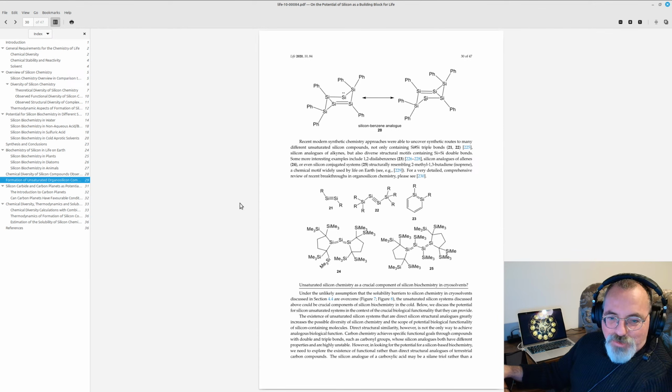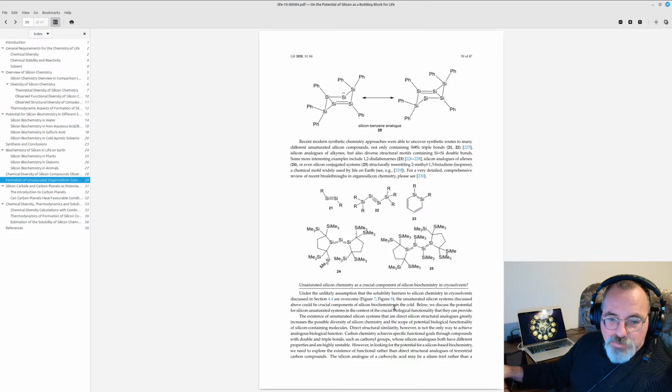Unsaturated silicon chemistry is a crucial component of silicon biochemistry and cryosolvents. Under the unlikely assumption that the solubility barriers to silicon chemistry and cryosolvents discussed in section 4.4 are overcome, the unsaturated silicon systems discussed above could be crucial components of silicon biochemistry in the cold.